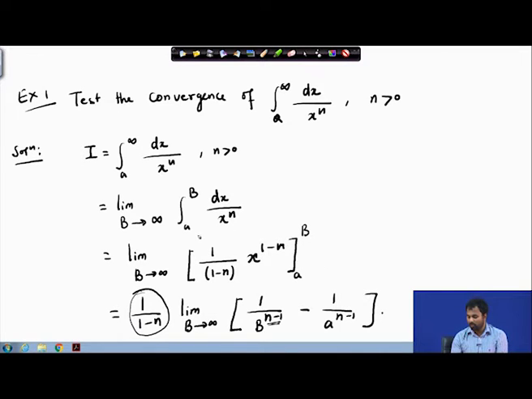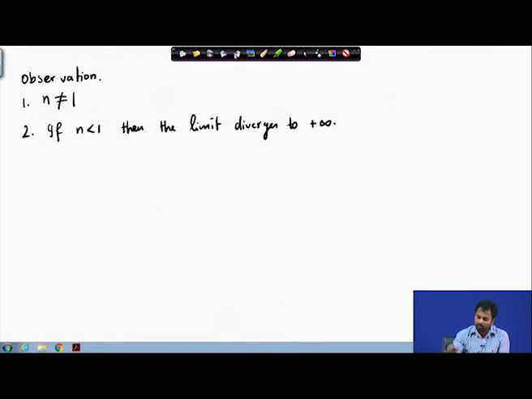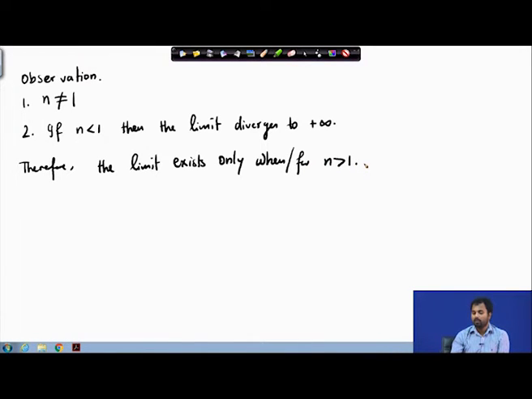So that means if n is less than or equal to 1, then this limit would not exist. Therefore, if we want to test the convergence, the limit exists only for n greater than 1.